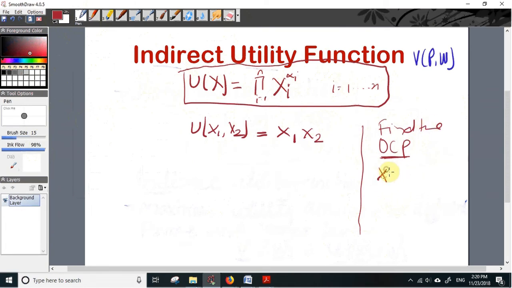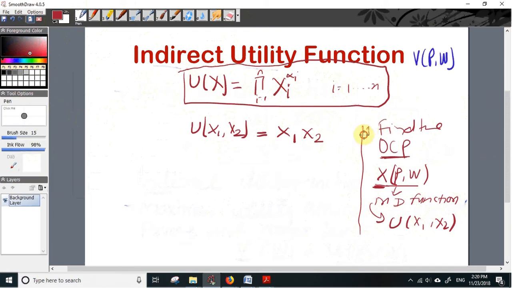So we find x star, that is the amount of x that the consumer is going to buy as a function of price and income level. This is nothing but the Marshallian demand function. So we first find the Marshallian demand function, and after that we substitute this in the utility function. So it is a two-step procedure.